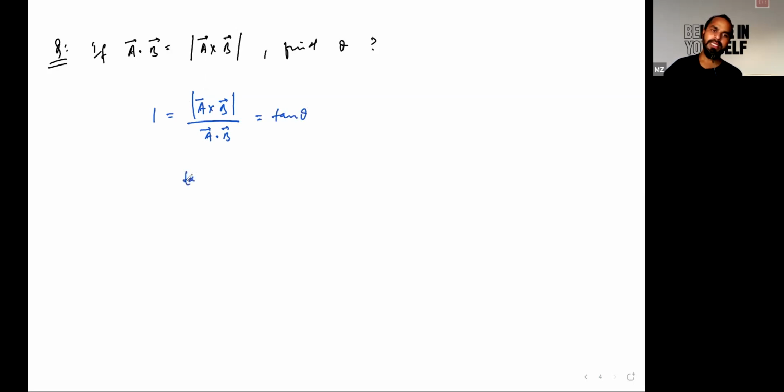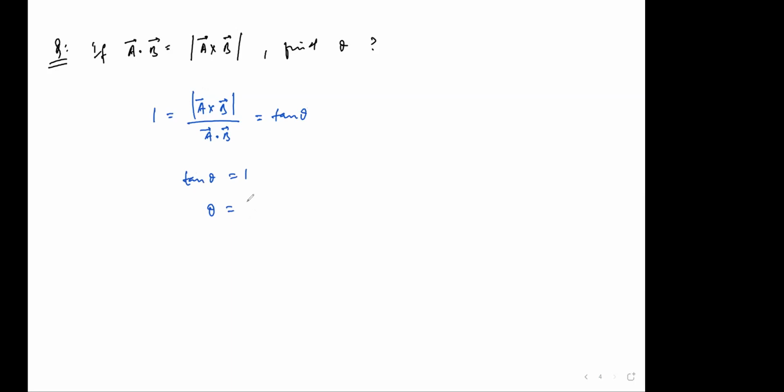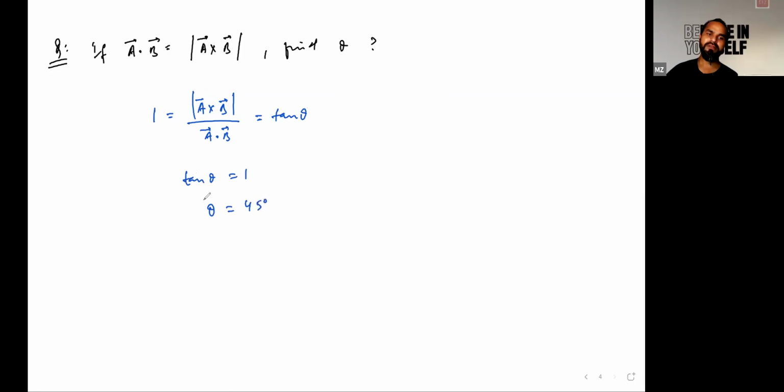So from this we can relate tan theta is equal to 1. So what would be the theta for which its value would be 1? Hamza? Hiba? Sir, 45. Good. So it will be 45 degrees.